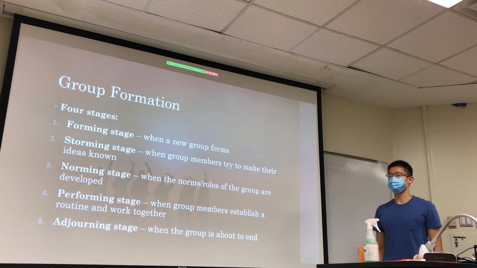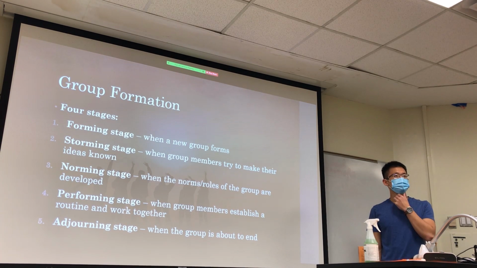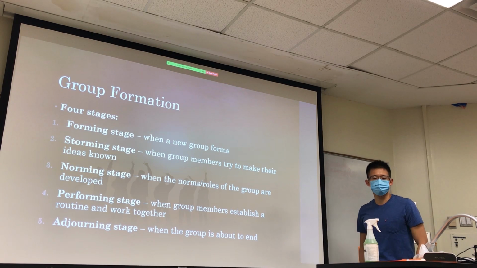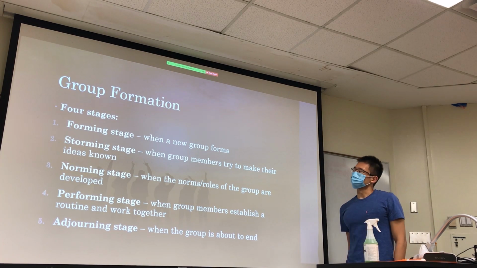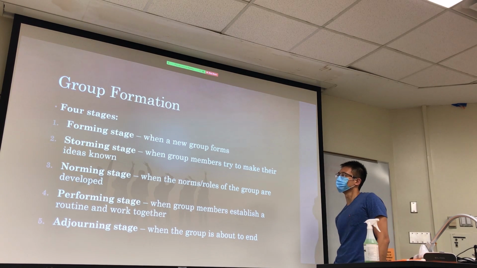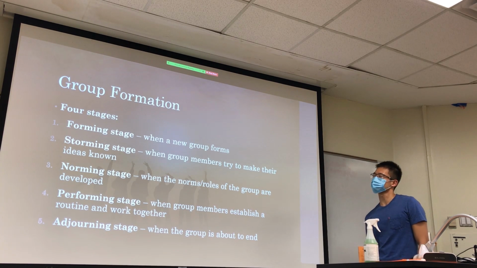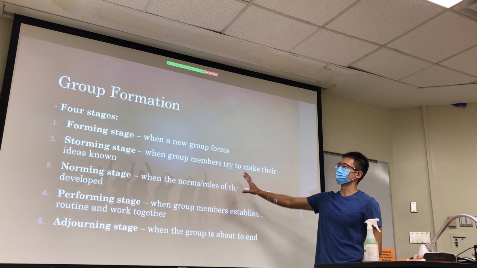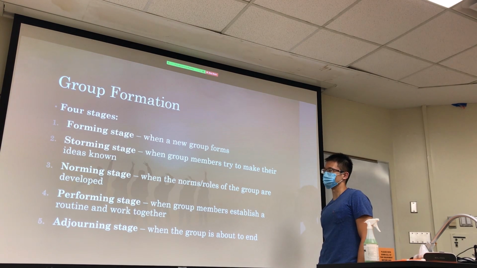Can you think of any other example? Like a sports team. A sports team. Can you elaborate? When you make the team, then you're forming the group. Okay. But then it's eventually going to end when the season ends. I guess for a sports team, how would you know when was the storming stage, when is the norming stage?